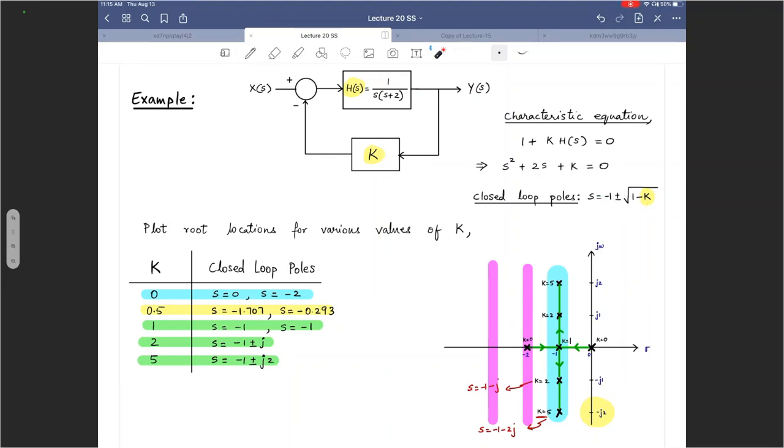As you tweak this value k from 0 to infinity, you can validate that the root locus starts at the original poles, then as you increase k, it will come together, break away at a certain point, and go towards infinity, zeros at infinity.